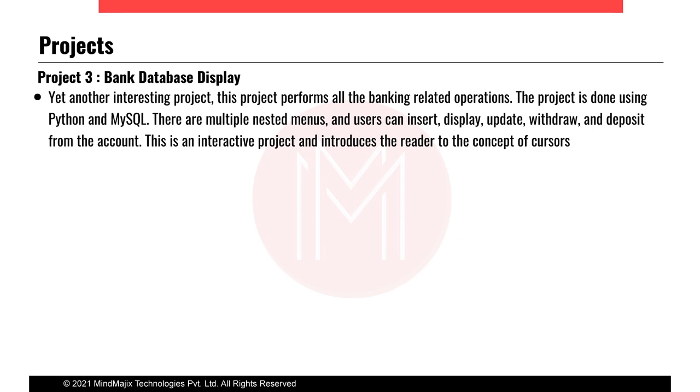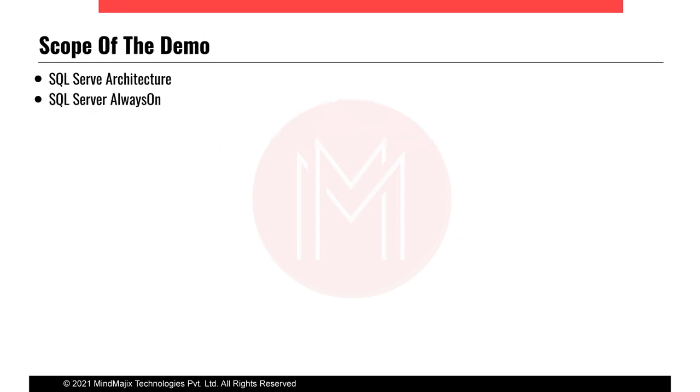One second. Now I would like to go through the SQL Server scope demo, where we will discuss the SQL Server architecture and how it works. We will go through this information so that you understand how a SQL Server query works internally.